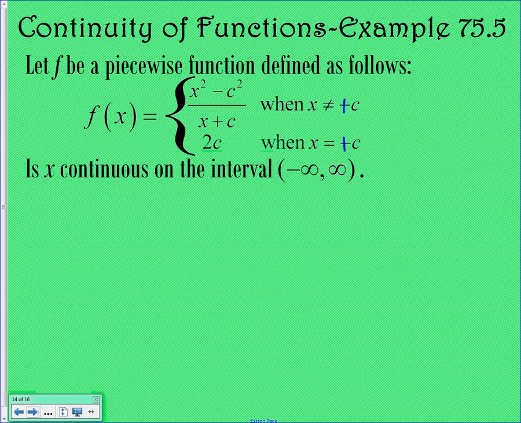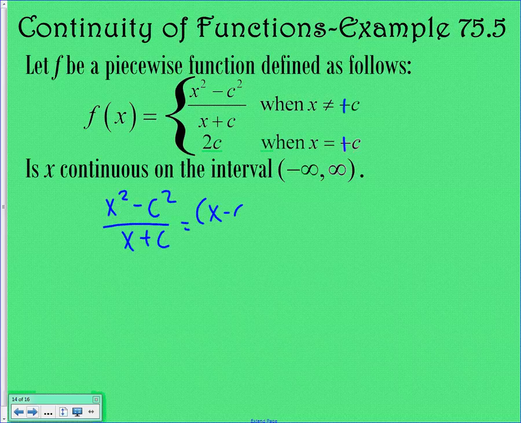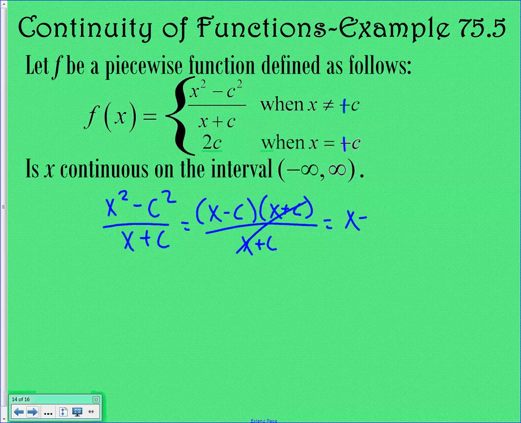And so let's see what would happen if it's at a positive c, or not equal to positive c. We would have x squared minus c squared over x plus c, and that'll factor as x minus c times x plus c over x plus c, which is just x minus c.